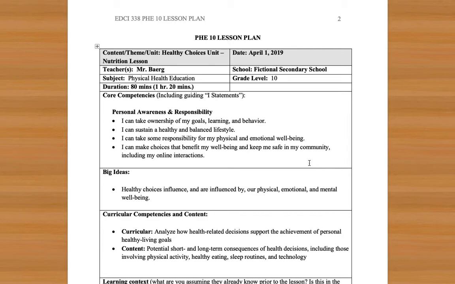I chose this because I'm passionate about nutrition and healthy living, and I wanted to make a lesson specifically about healthy eating, nutrition ideas. So ideally, it would be on a date, April 1st, we're going to say it is. It's at fictional secondary school, grade 10 PHE. The duration of the class is 1 hour and 20 minutes.